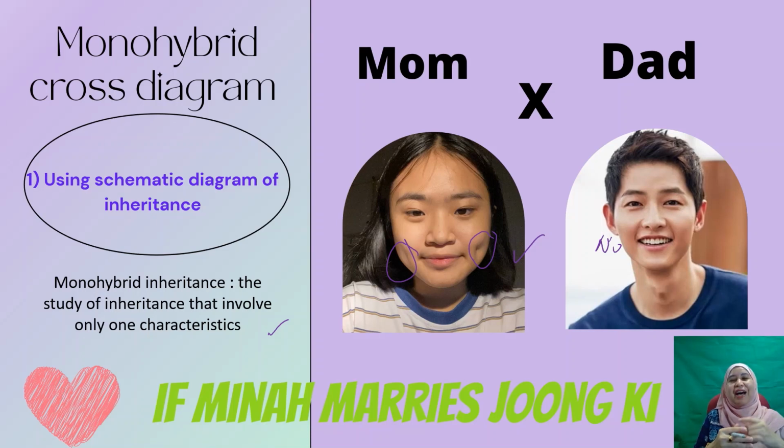First, I have to determine whether she is heterozygote or homozygote. In fact, she can be either. Let's say, as an example, she is a heterozygote and dimple is a dominant trait. So her genotype must be capital D, small d.